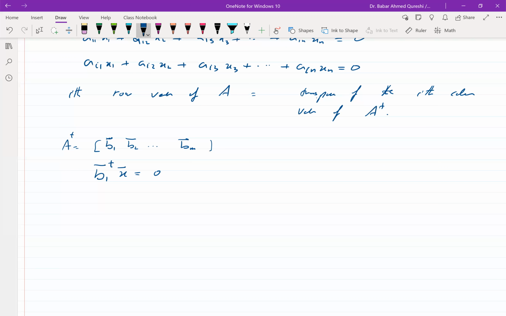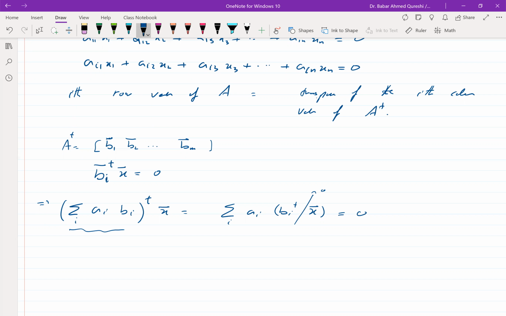But if this is true, that means if I make any linear combination of them and make a scalar product with X, using the properties of the scalar product, this splits up. They're all 0.